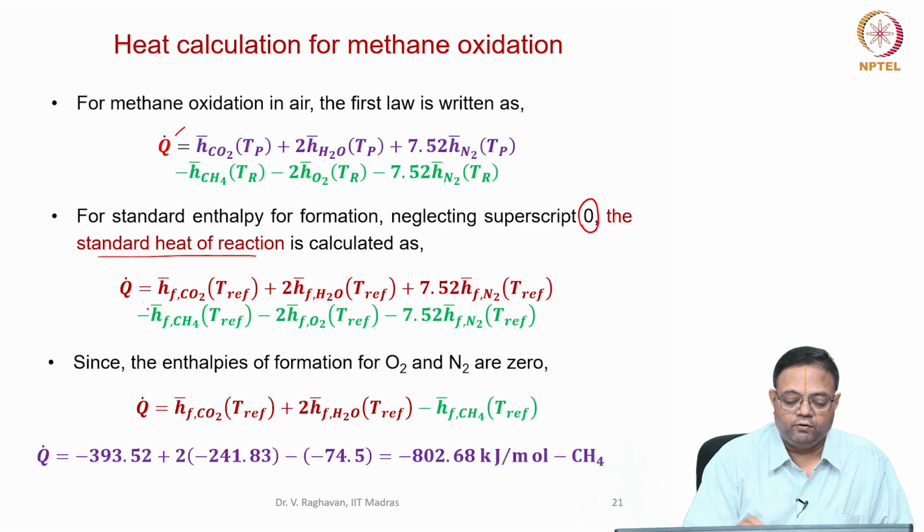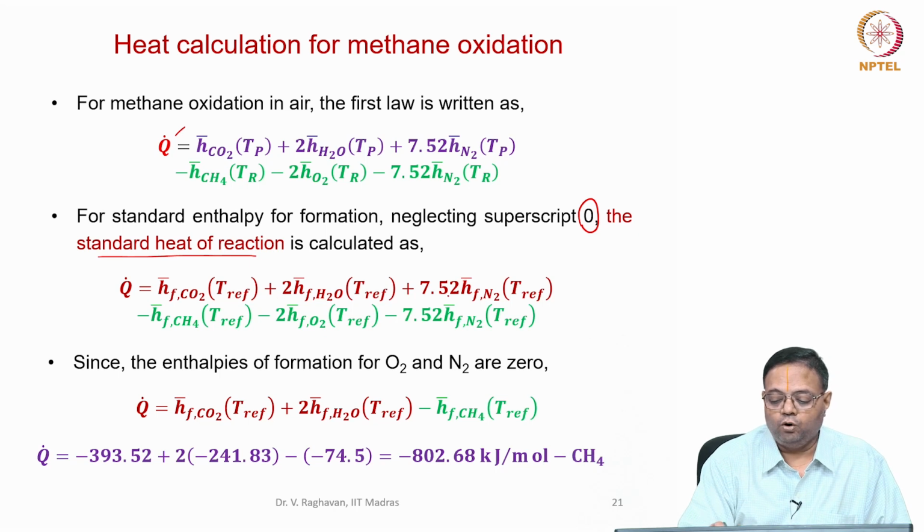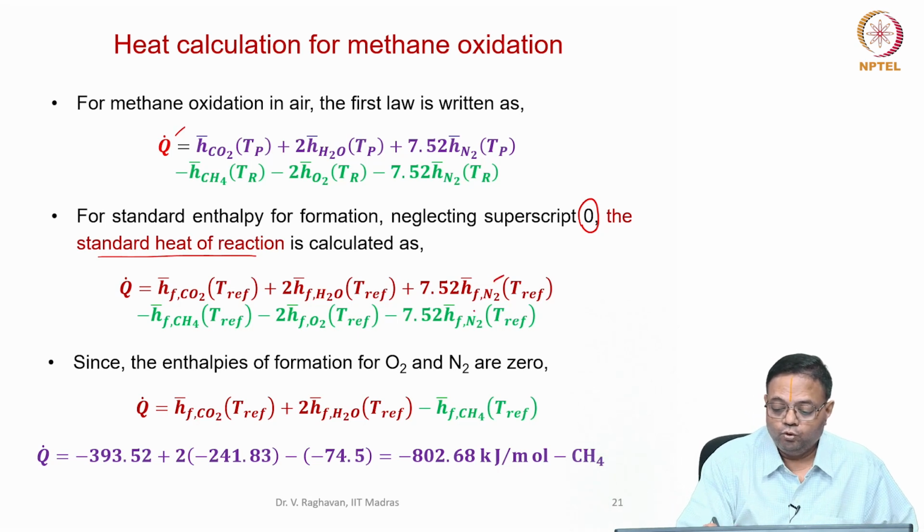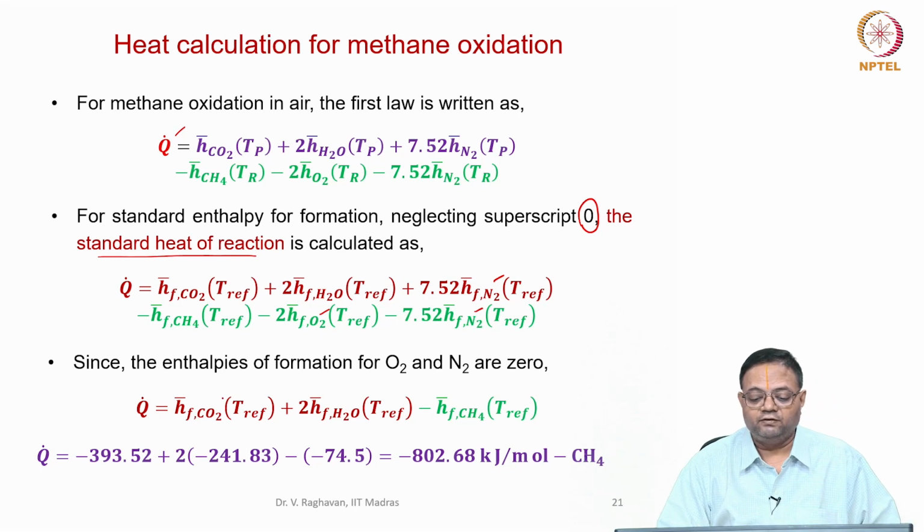So, Q dot will be equal to HF CO2 plus 2 HF H2O plus 7.52 HF N2 minus HF CH4 minus 2 HF O2 minus 7.52 HF N2. But please see that N2 and O2 are basic elements.